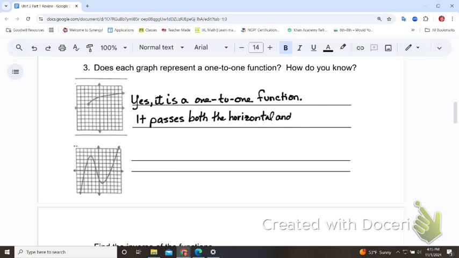You could give those two things in whichever order you want, but it's passing two tests, not just one.